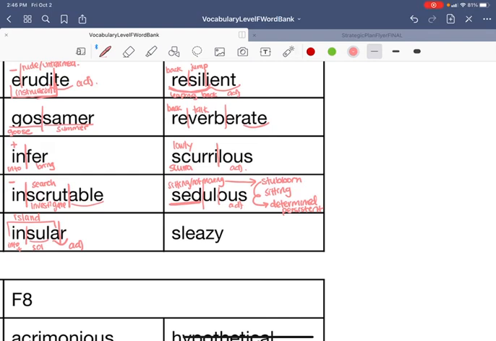And then lastly, we have sleazy, which is a very funny word. I keep saying funny and it's not that funny, maybe just funny to me. I don't really know how to break this down, but it comes from the background or history of this place in Europe.